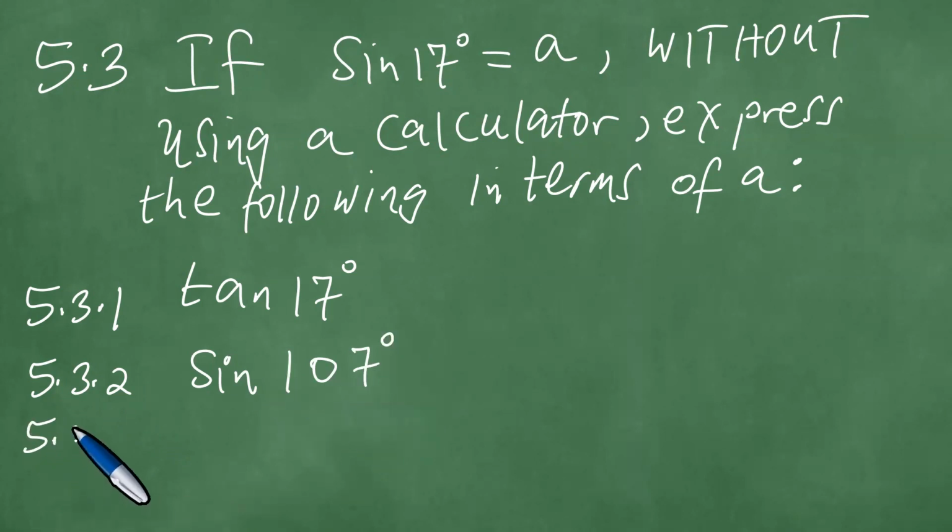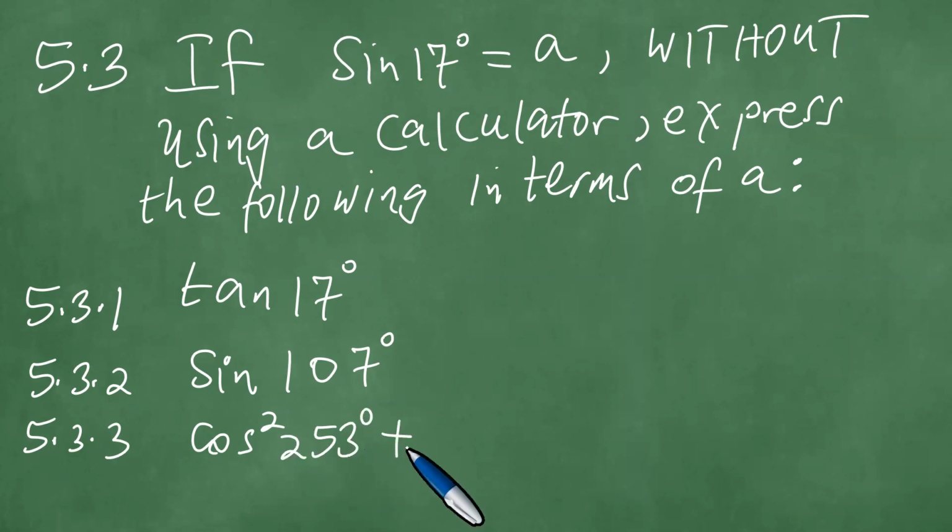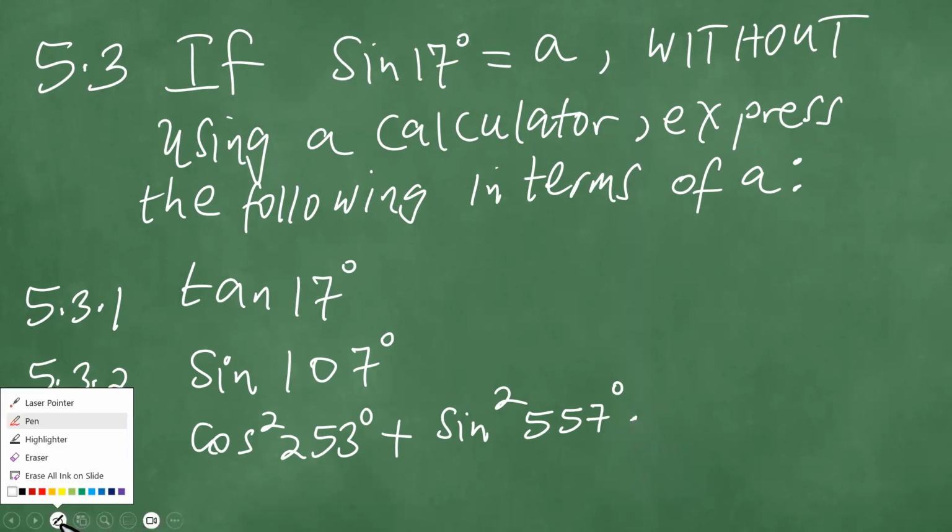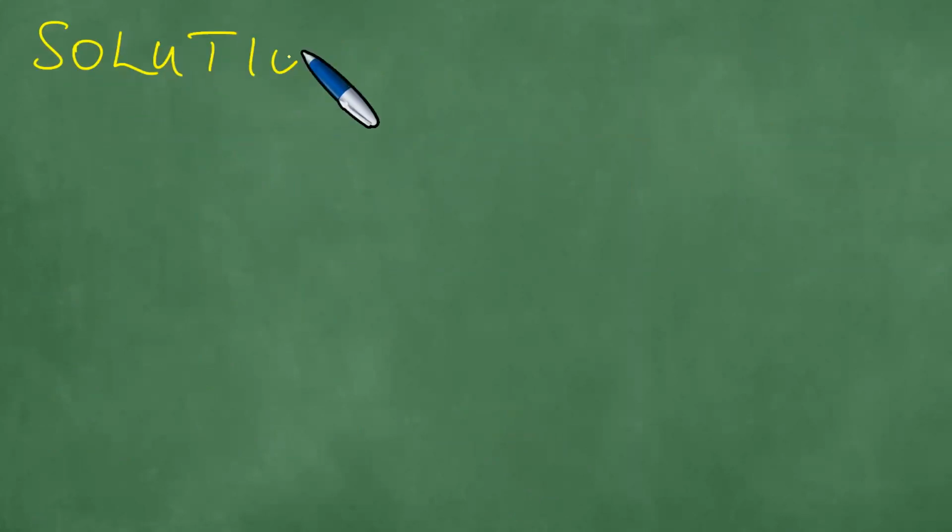And then we have 5.3.3, which is cosine squared of 253 degrees plus the sine squared of 557 degrees. Let's look at the solutions to this.